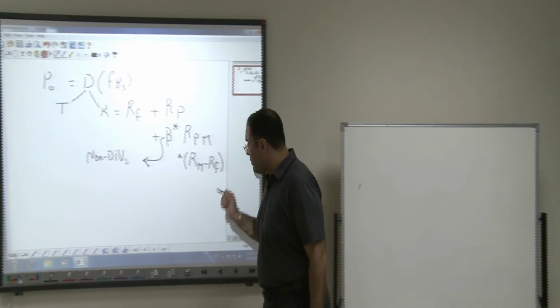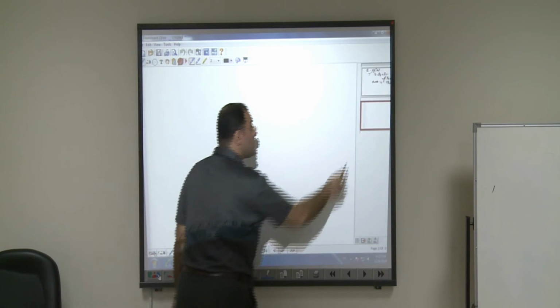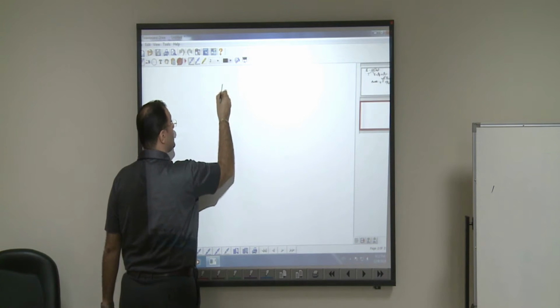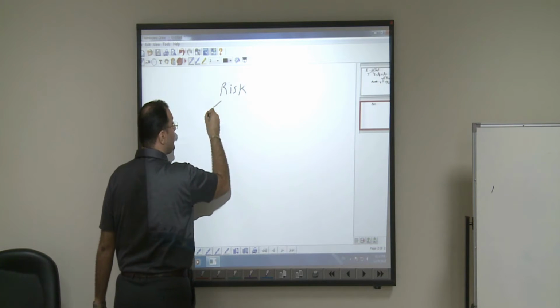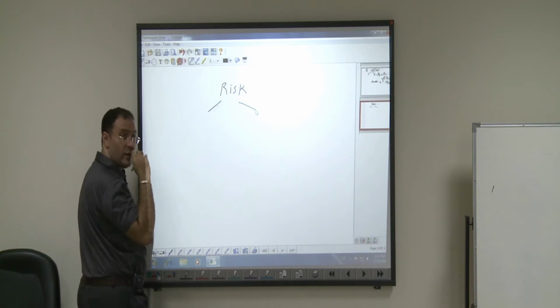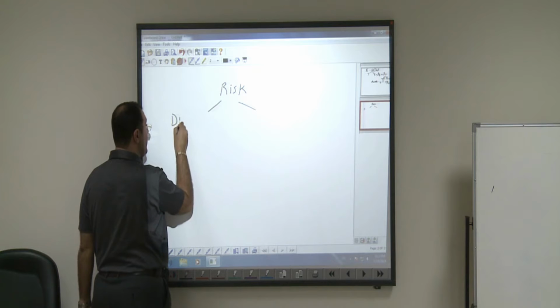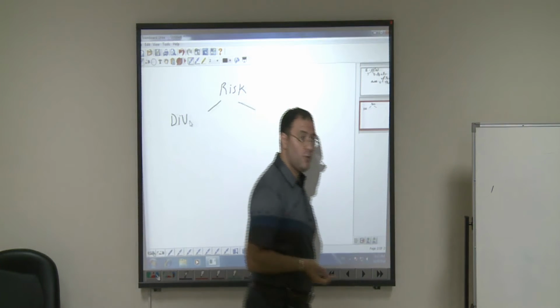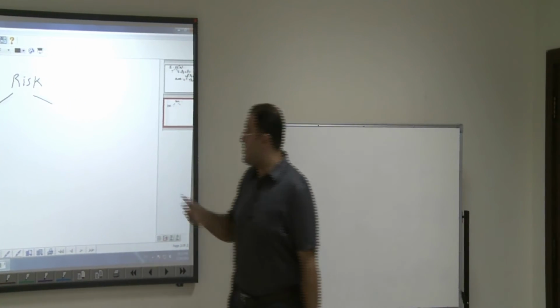All right. So how do we think of total risk in finance? We think of risk in terms of a couple of components. First we have the diversifiable component, which is firm specific, or idiosyncratic.